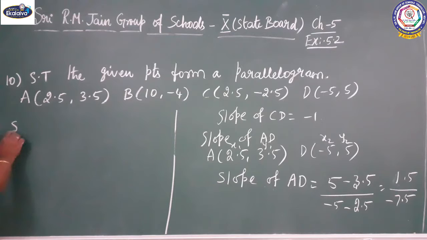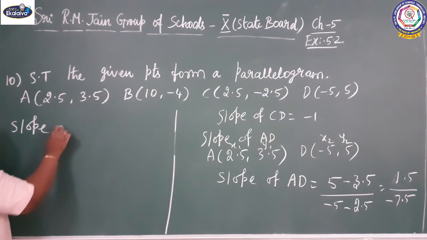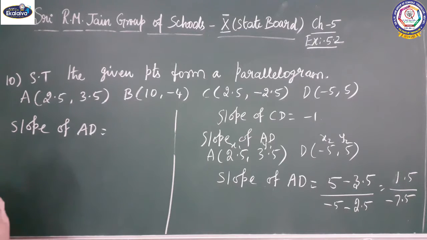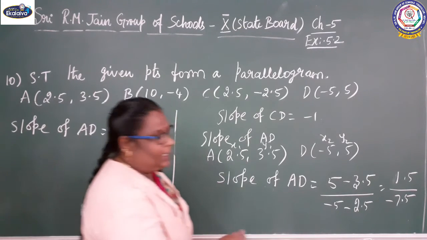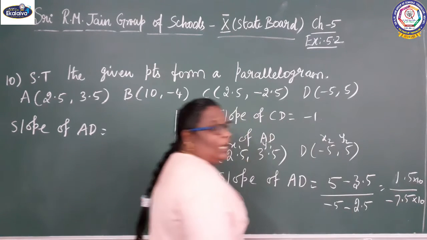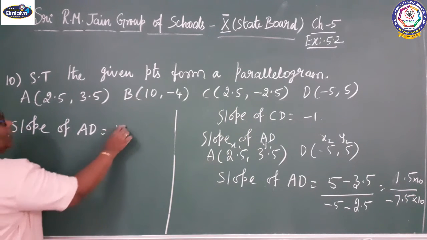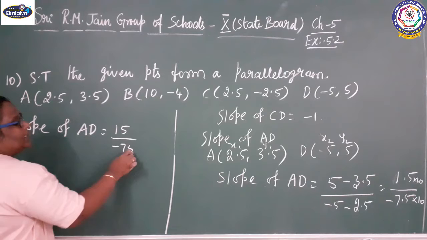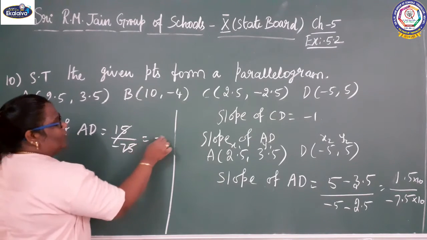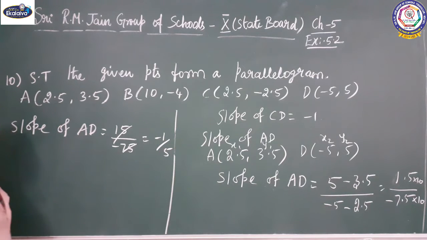So slope of AD equals, multiply by 10 into 10. So what is the value we are getting? 15 by minus 75. Cancel the value, minus 1 by 5.